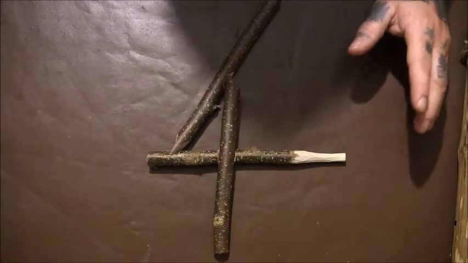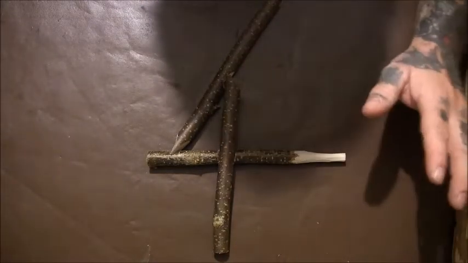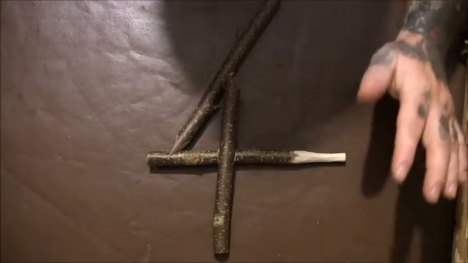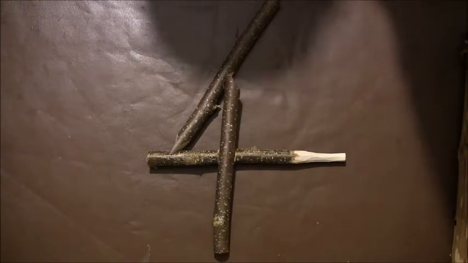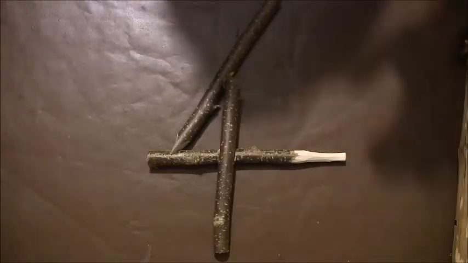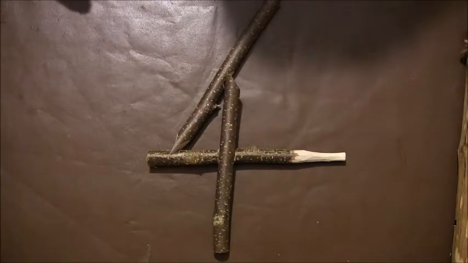I noticed that whoever drew the picture seems to have drawn it slightly wrong, where it doesn't look quite right, but you could tell it's a figure 4. I'll show you that picture now. So as you can see from the picture, it definitely looks like a figure 4. So that is over 400 years old.